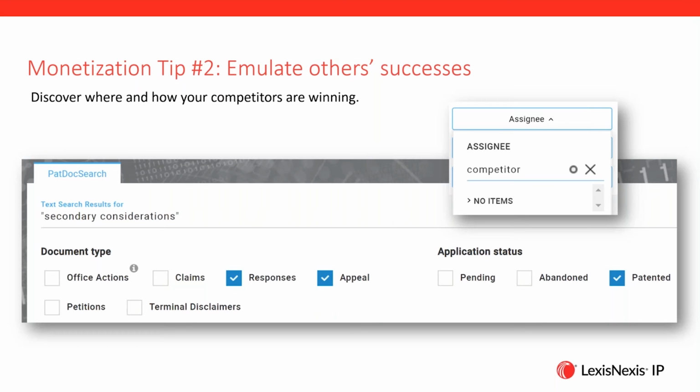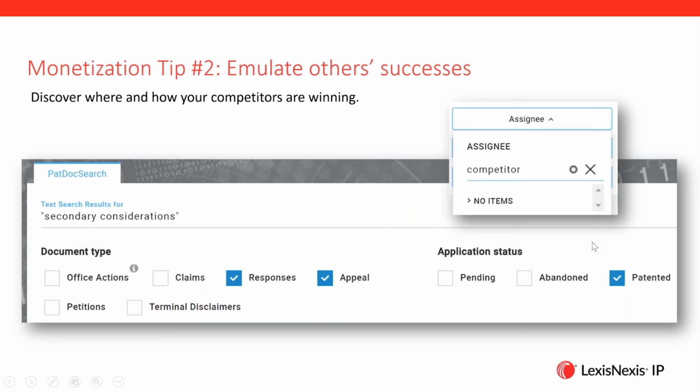So one thing that a lot of our users do is they'll search for a particular argument and limit it to maybe an examiner to see how that argument has worked for an examiner. But in the context of this webinar, I think what's interesting is to see what arguments have worked for one of your competitors. If you find that you continually are getting stuck by the same issue, maybe it's the same type of rejection or the same prior art reference over and over, it might be interesting to see how others have overcome that.